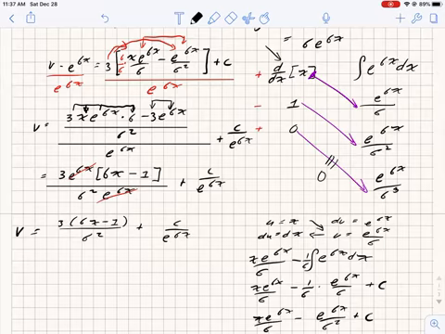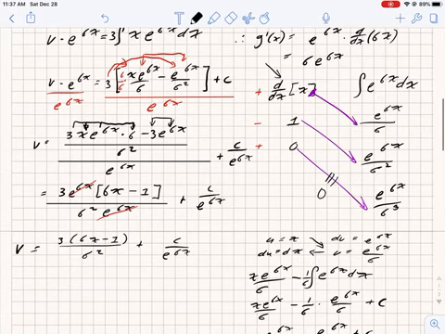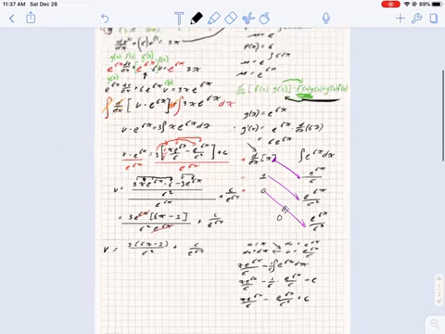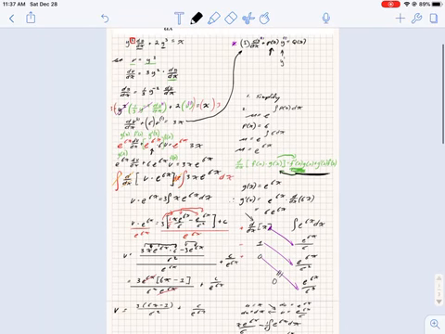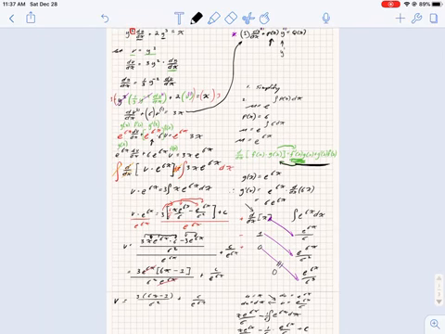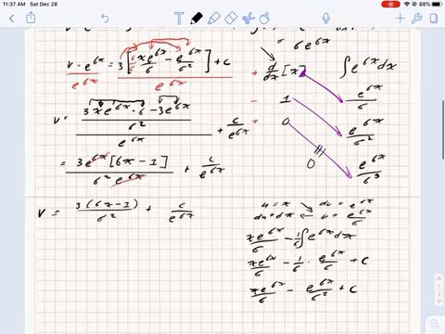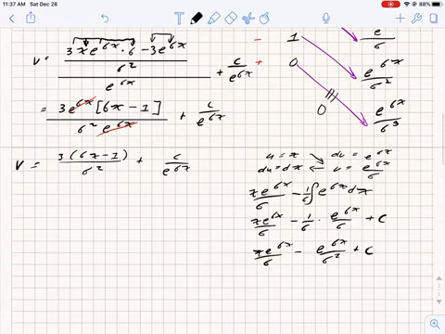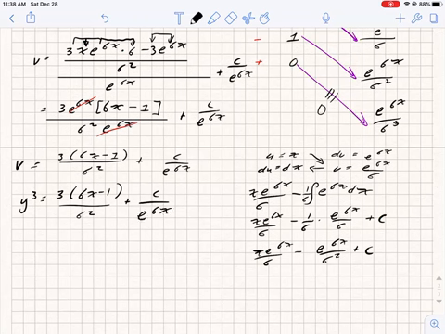So we found our v function, but what did we let v equal? All the way up here. We let v equal y cubed. So we could substitute in y cubed is equal to 6x minus 1 all over 6 squared plus c over e to the 6x.